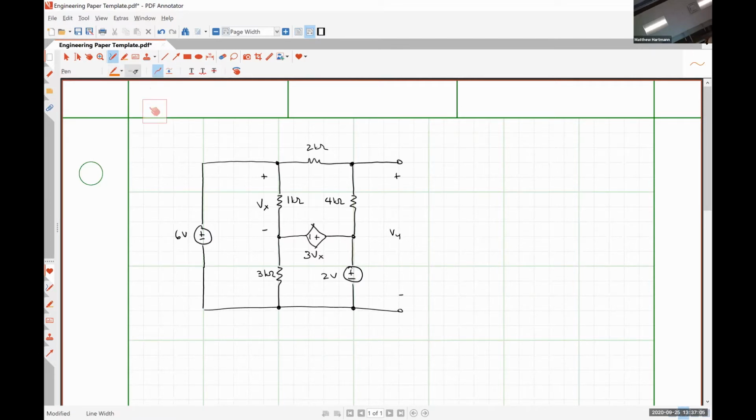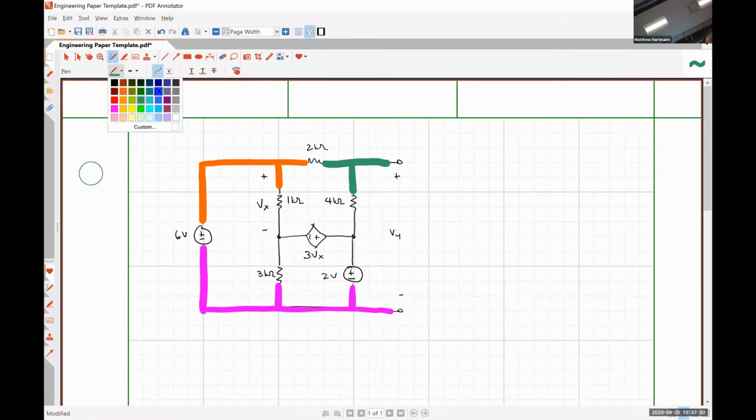So we have this node, this node, this node, so that's 3, 4, and 5 nodes total. All right, so our nodes have been successfully identified.